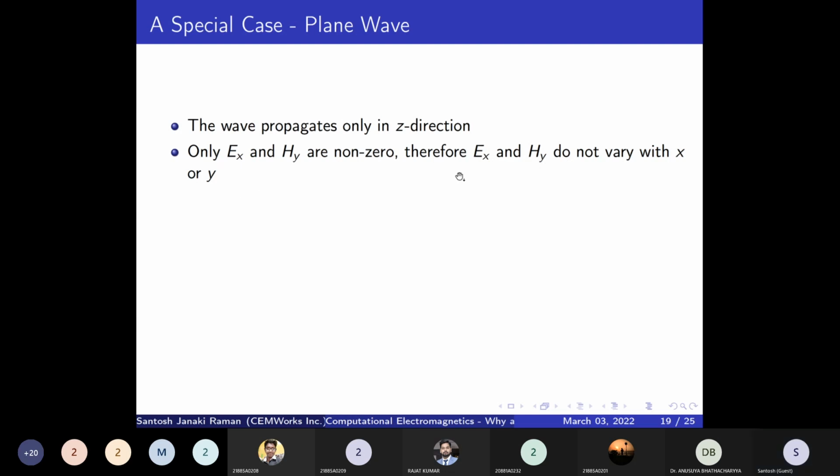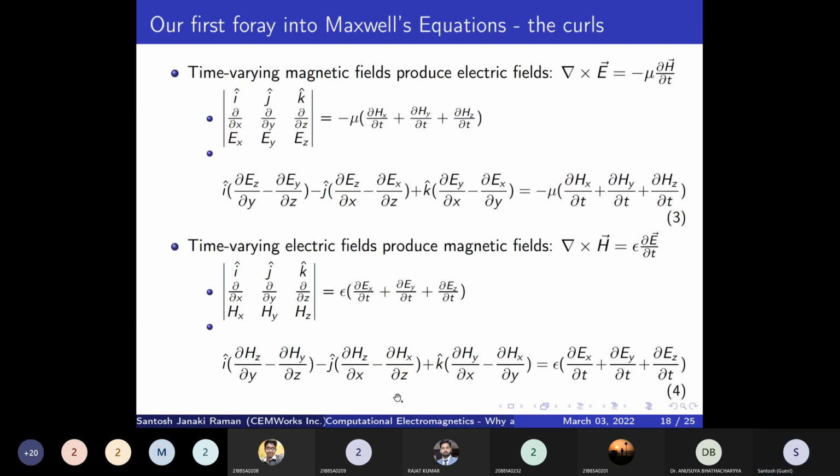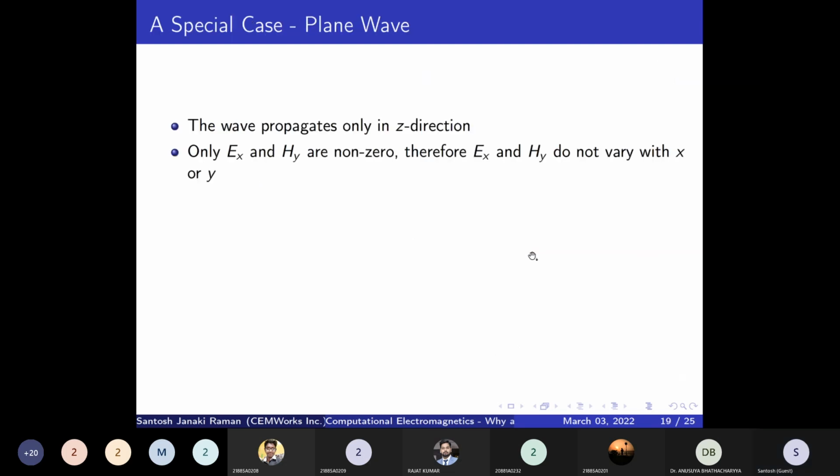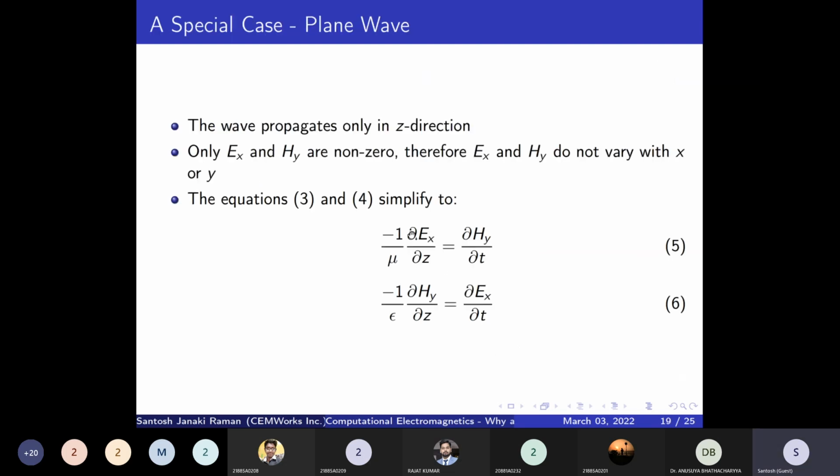So the differentials of E with respect to x or y are all zero. In this case, you are left with only two equations: minus 1 by mu dou Ex by dou z equals dou Hy by dou t, and the second equation. And see, this is uncannily similar.